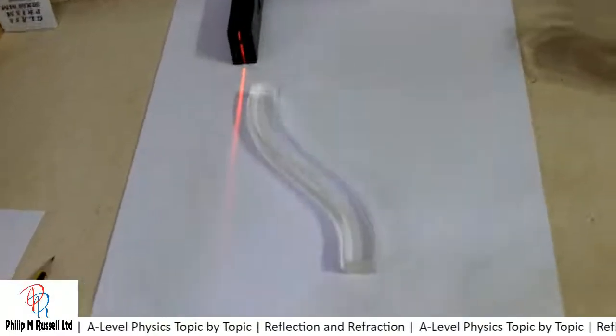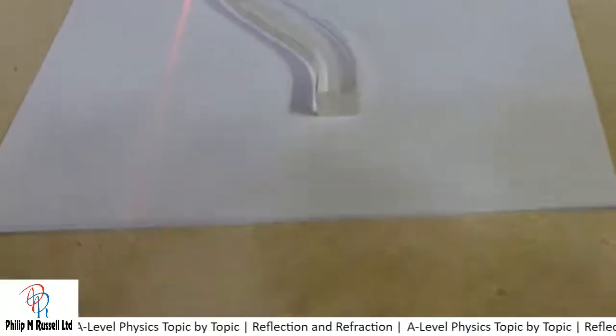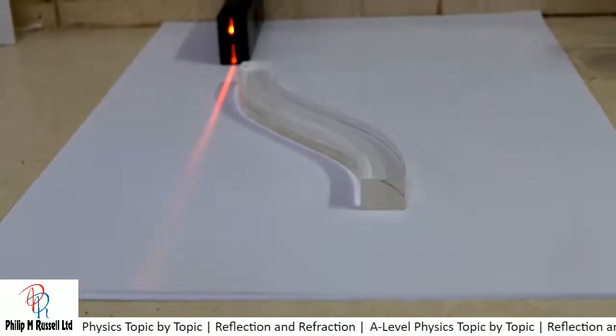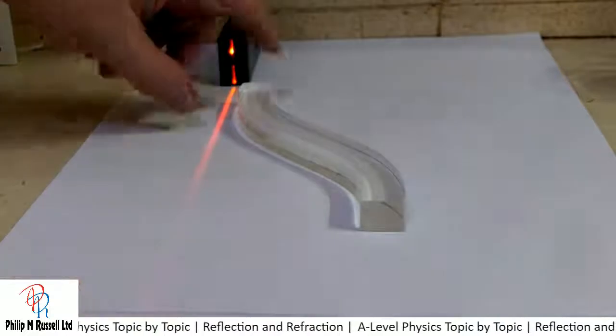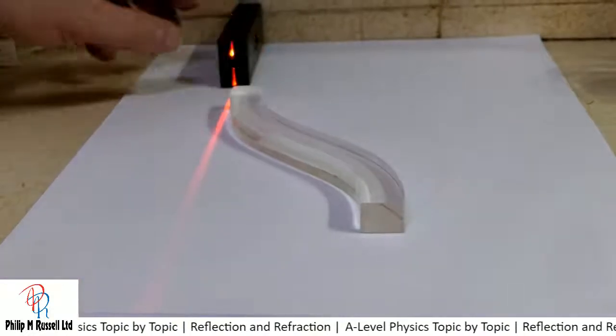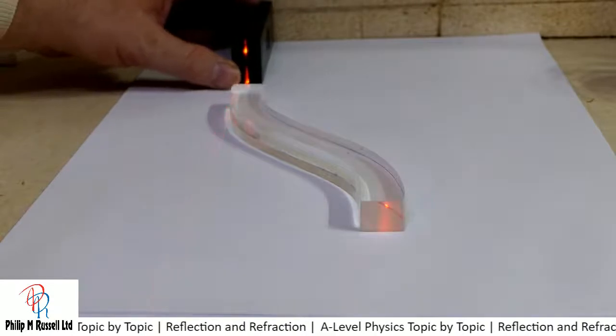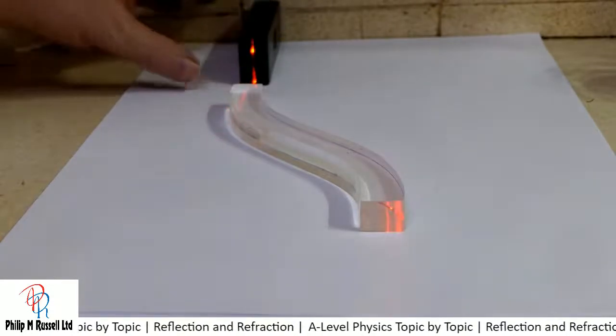If we'd thought about this before, we'd have probably got the jib out. I want to look at the end here. Now what I'm going to do is shine this light down through this block.